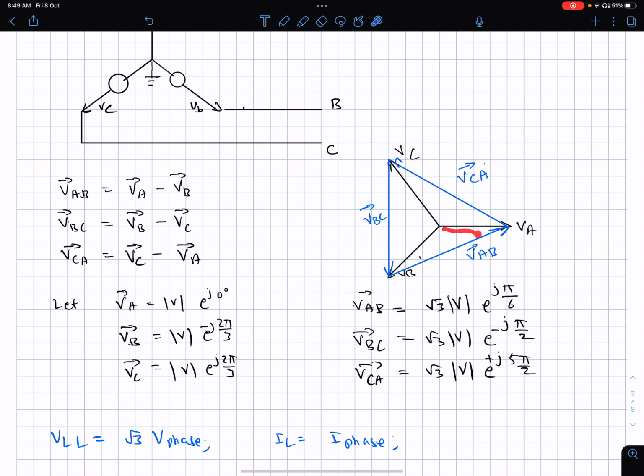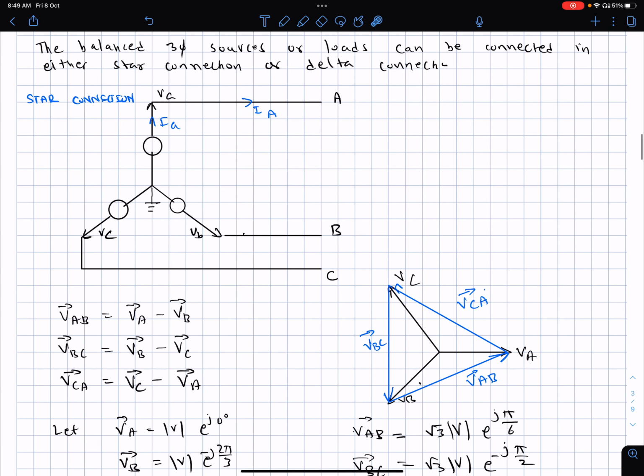VAB is 30 degrees ahead. VCA is another 30 degrees ahead, so this is 120 degrees and this one is 150 degrees, and VBC is minus 120 degrees plus 30 degrees, which is minus 90 degrees.